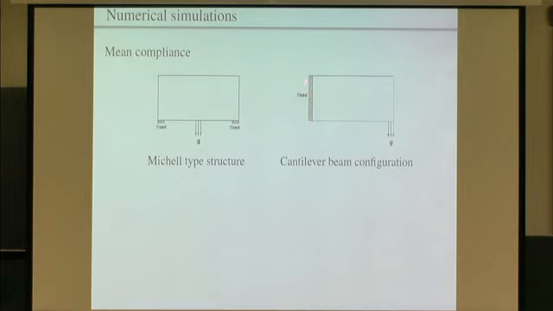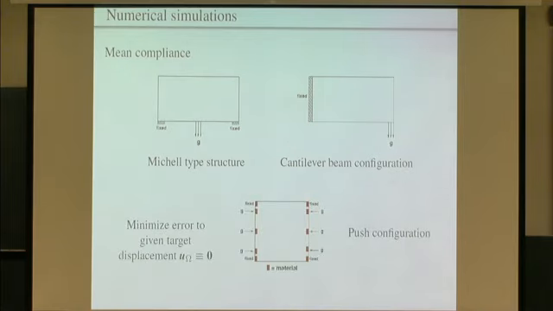This can't move, and we pull on the bottom right-hand corner. For the Mitchell type structure, we fix the two bottom corners of the domain, and we pull in the middle. I should point out that in all these numerical simulations we don't use any body forces, so F is equal to 0. We just have these boundary forces G.